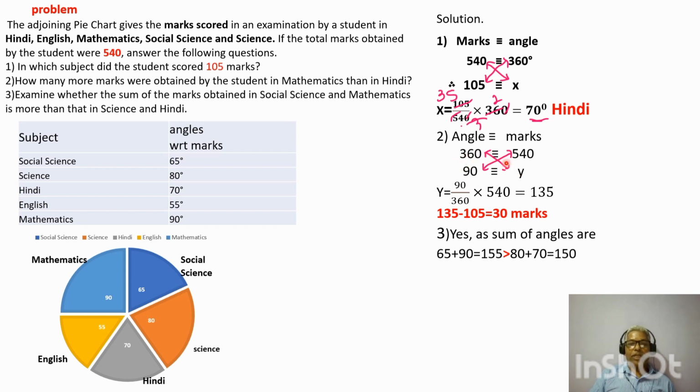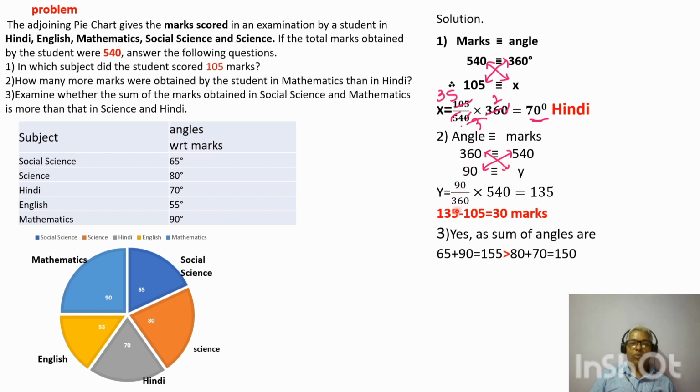So 360 corresponds to 540. So 90, this is 90 for mathematics, corresponds to how many marks? Y. Y is the marks. Earlier we were trying to find out the angle, now we are trying to find out the marks. The procedure remains the same, and we go for cross multiplication.